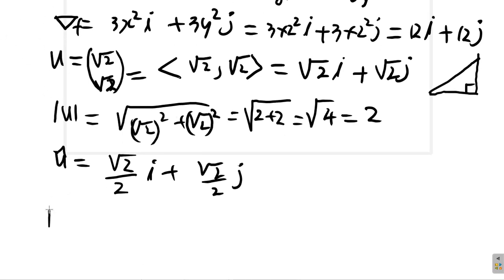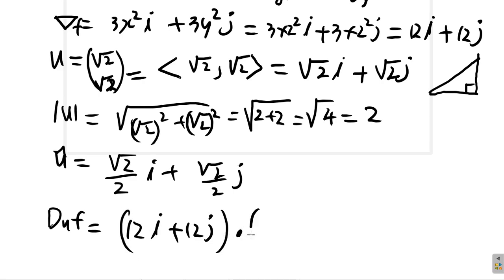So now the directional derivative is going to be 12i plus 12j dot square root of 2 over 2 i plus square root of 2 over 2 j.